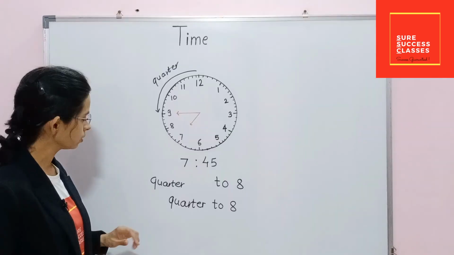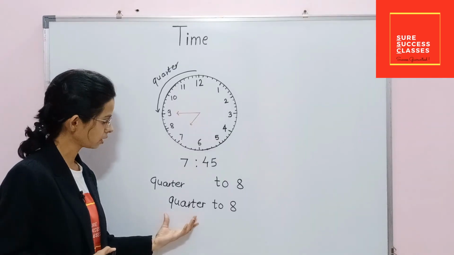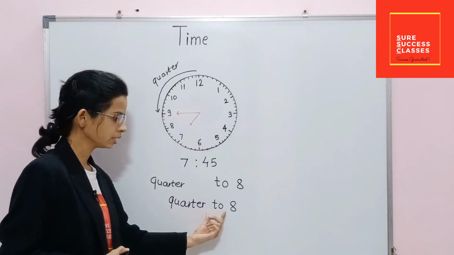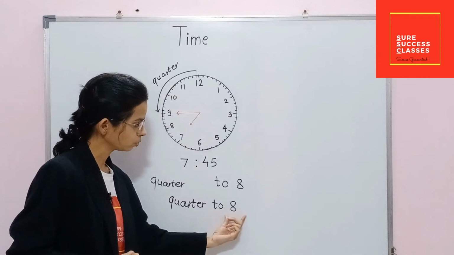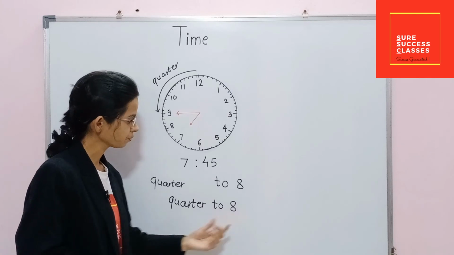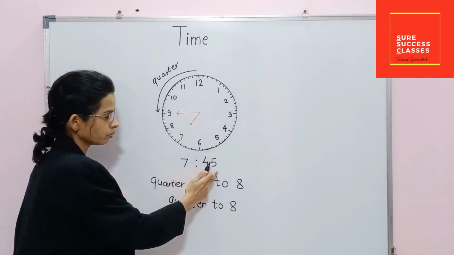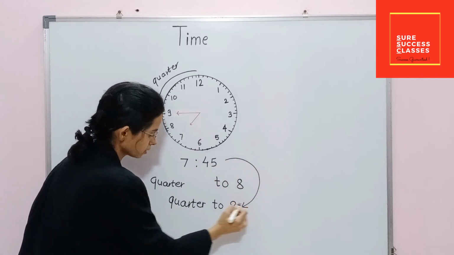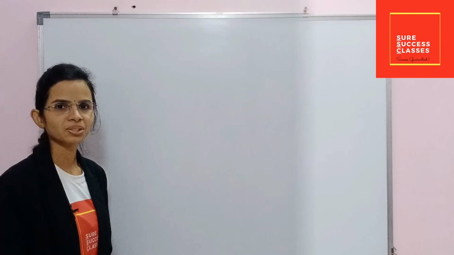In a simple way we can say this as quarter to 8, means 15 minutes are required to enter into the next hour. Here 7:45, we can write this time as quarter to 8.